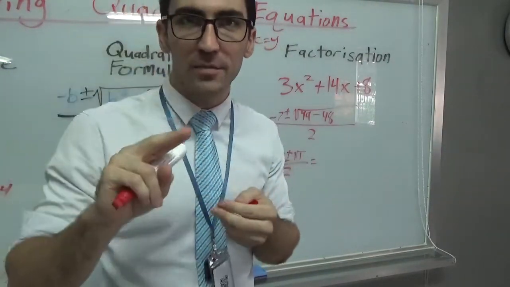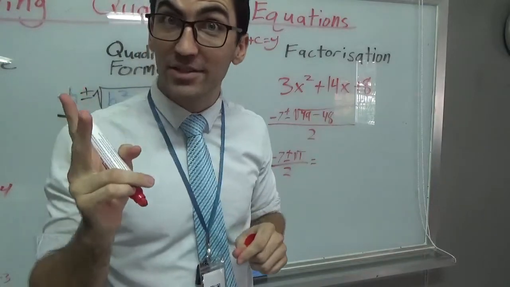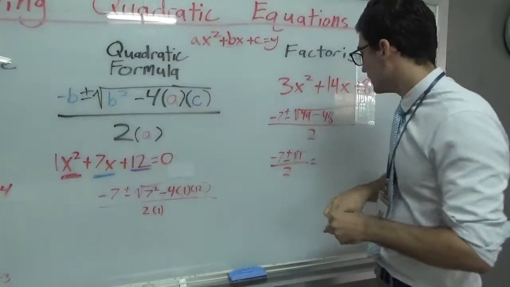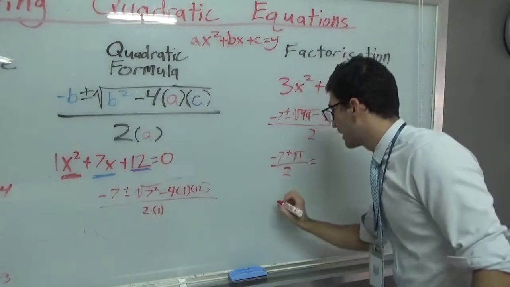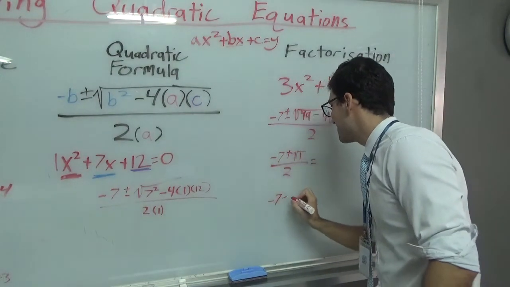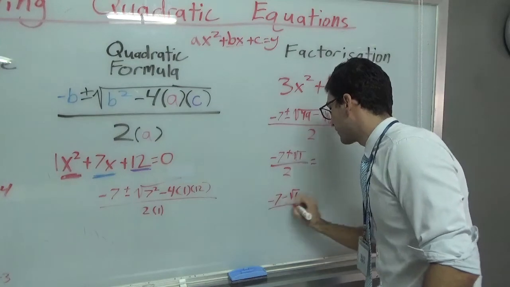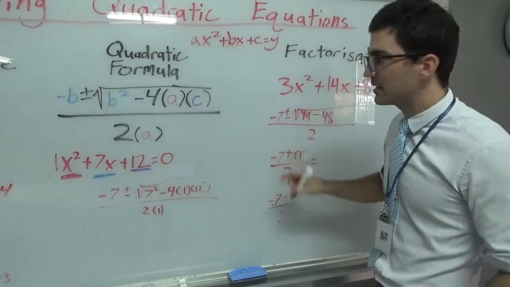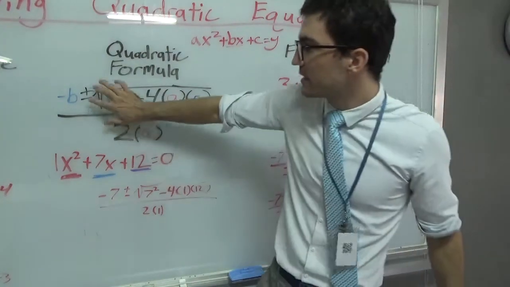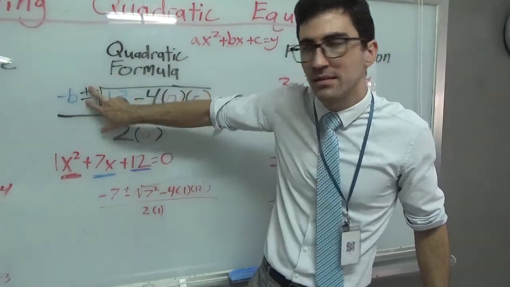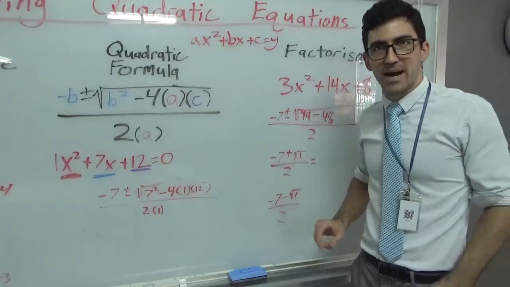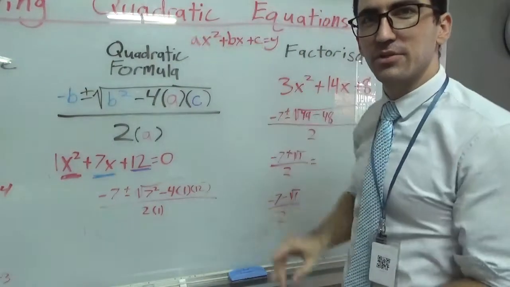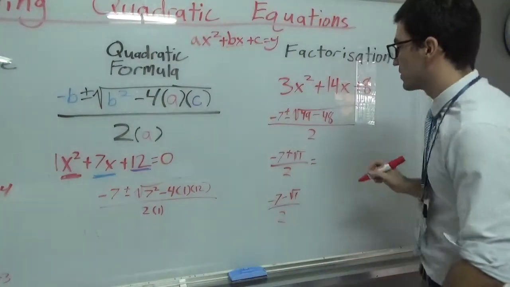When it says plus or minus, that means you're going to have 2 answers. So here I will do the plus, and then the minus. I've basically split it where it originally says plus or minus. You have to split it and do 2 separate solutions.